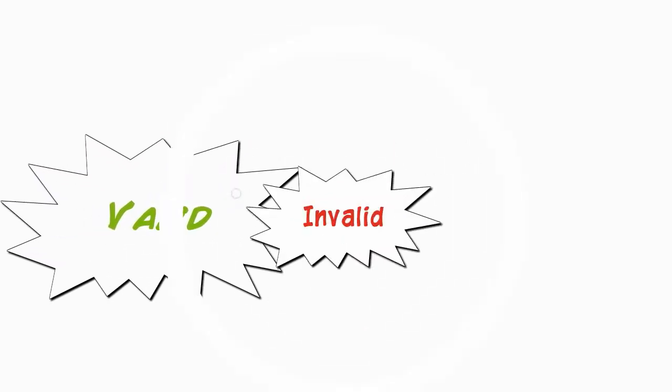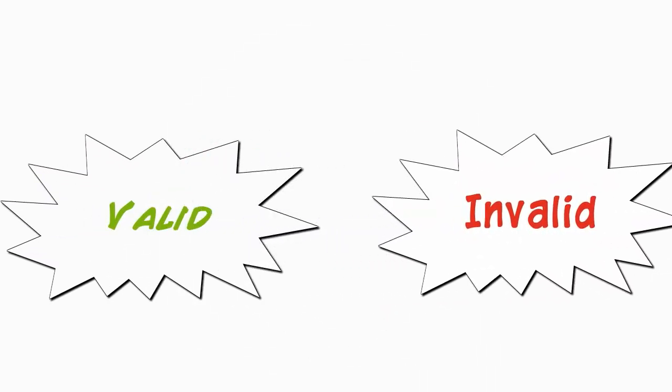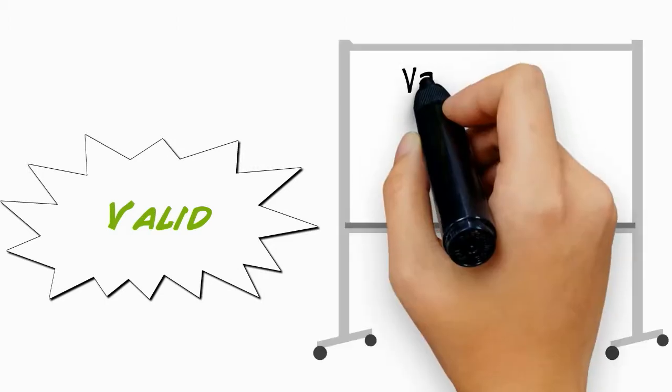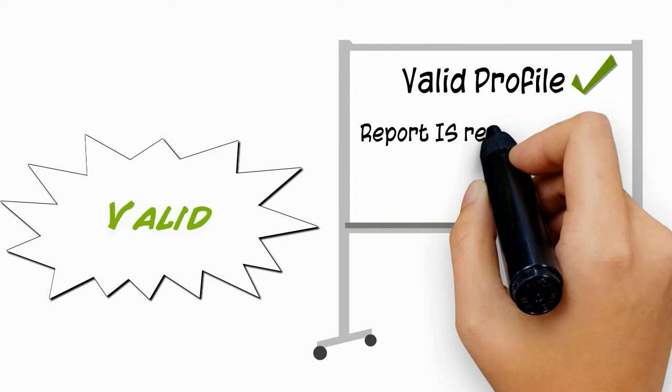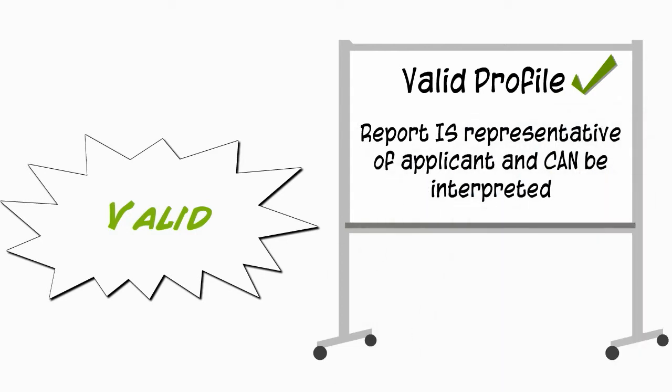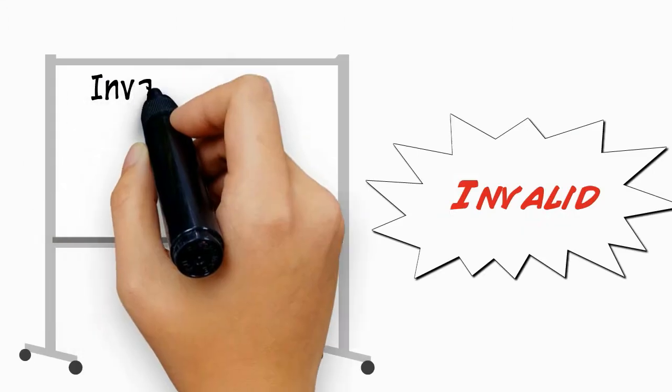From the validity scales, the system determines if the applicant produced a valid profile or an invalid profile. A valid profile means that, yes, the applicant did represent him or herself accurately, honestly, and consistently. Therefore, the report is representative of who this person is, and it can be interpreted.